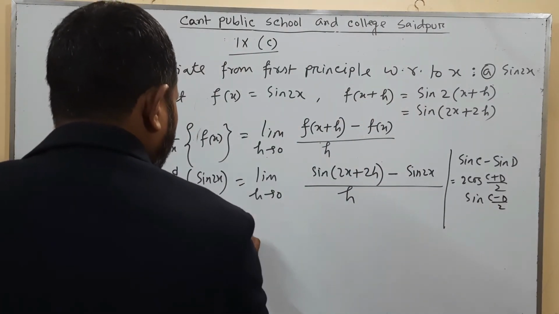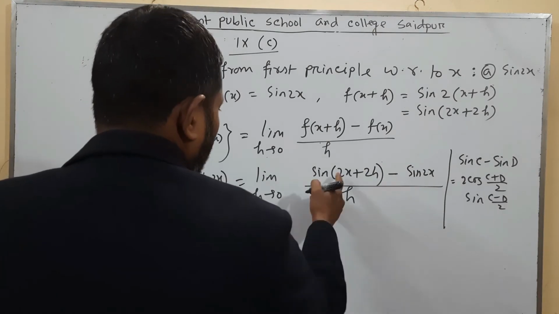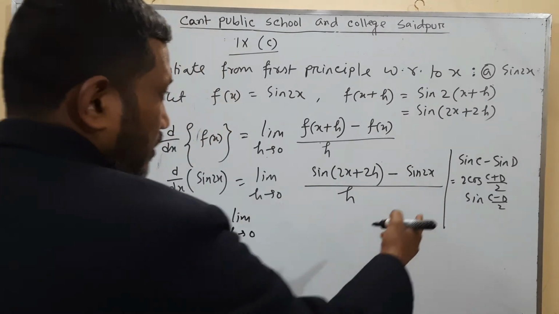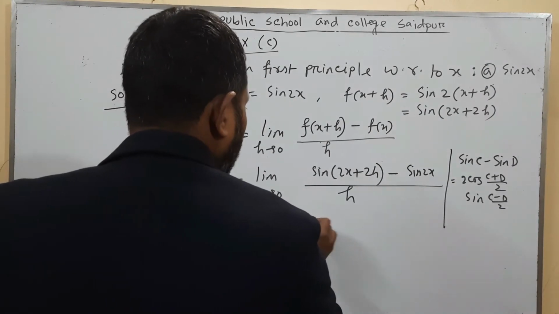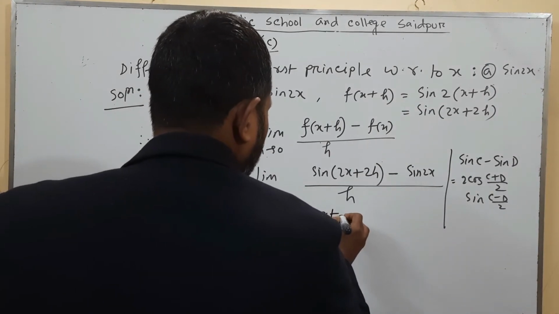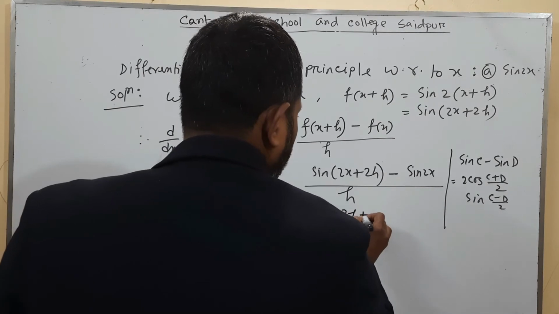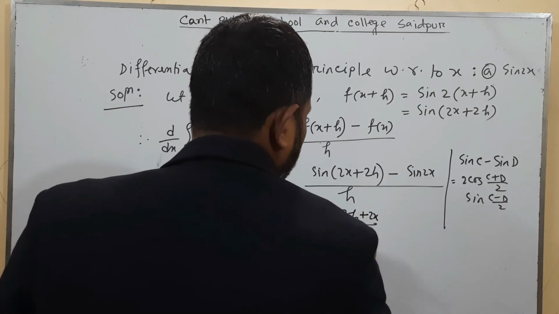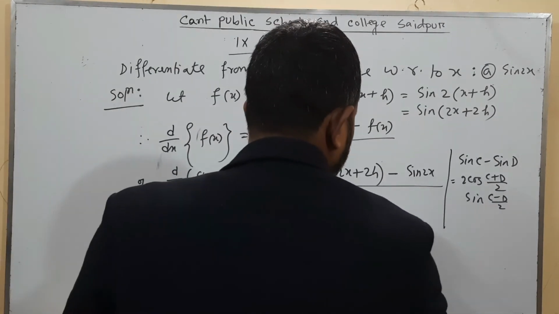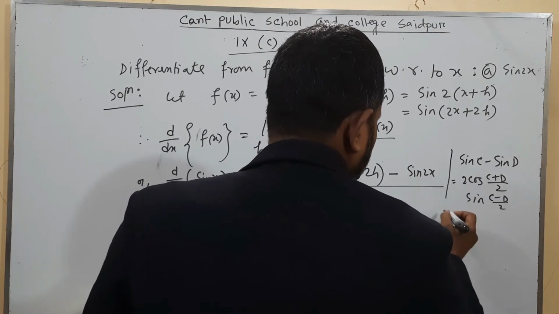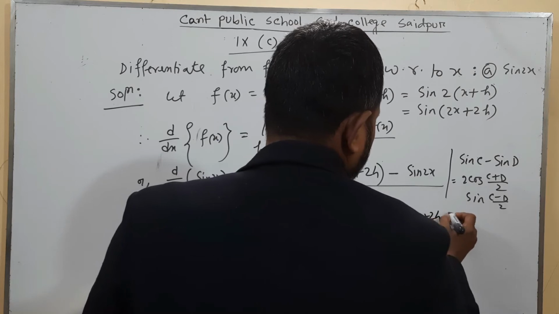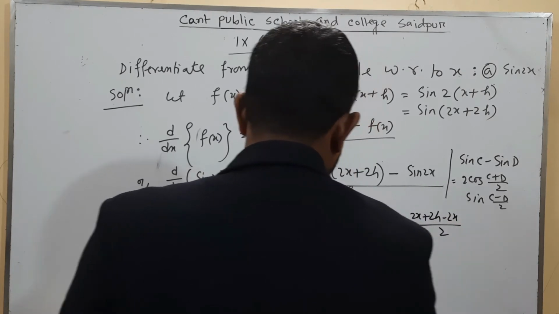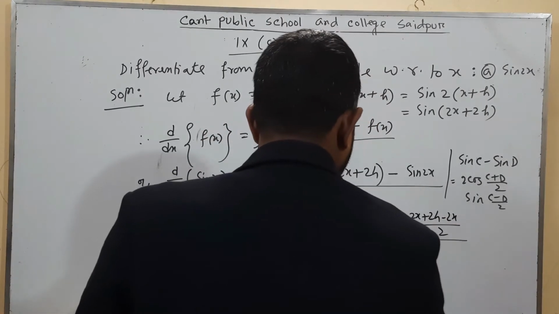Limit h tends to 0. Using this formula, we can write 2 cos of 2x plus 2h plus 2x by 2, sin of 2x plus 2h minus 2x by 2, divided by h.